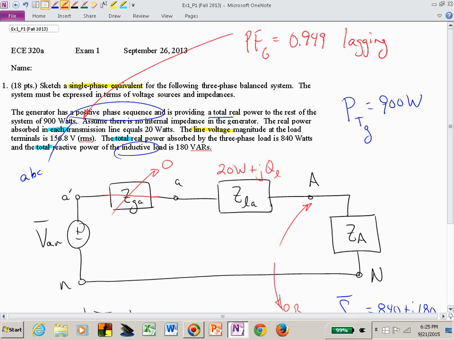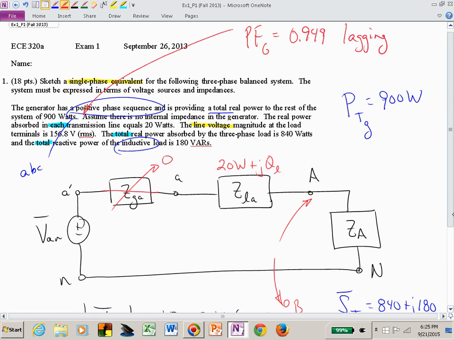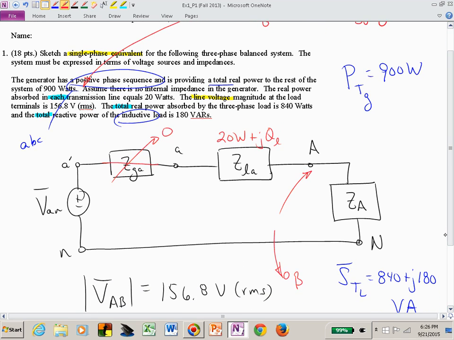Now do you see that you could create the power triangle at the generator? You have enough information. You have 2 of the 4 variables that you might want or need. We also know a lot about the complex power at the far side, or at the load side.